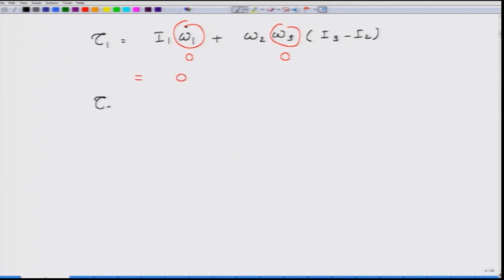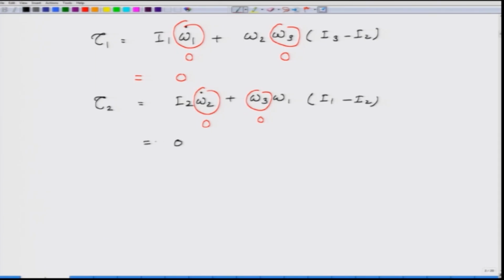Tau 2, that is the torque required in the direction of 2, is going to be I2 omega 2 dot plus omega 3 omega 1 times I1 minus I3, and we again see that omega 2 dot is 0, omega 3 is 0, and therefore tau 2 is also 0.